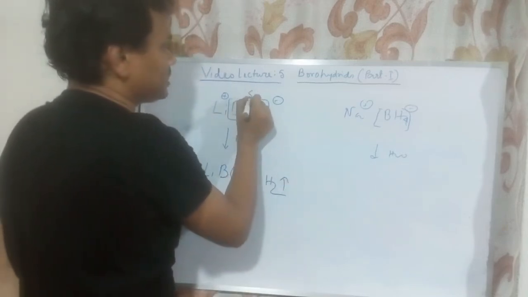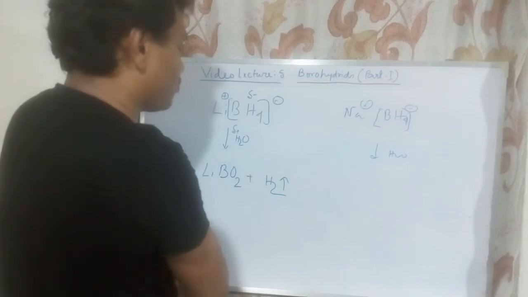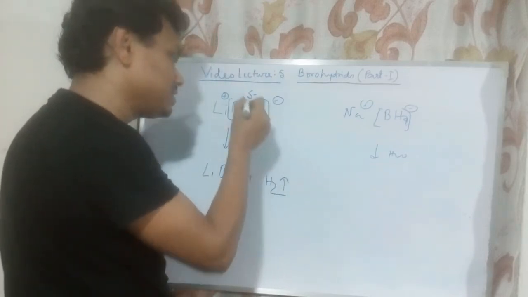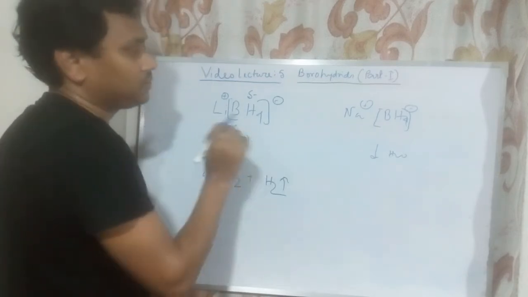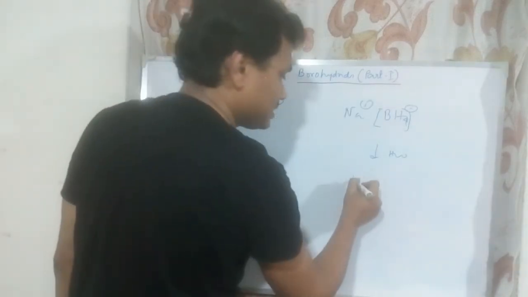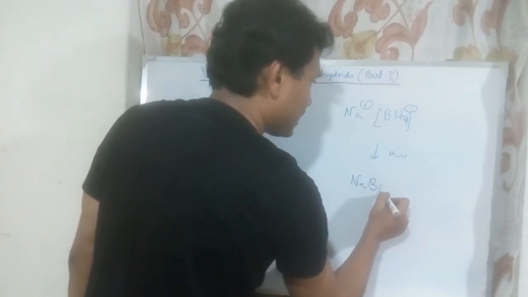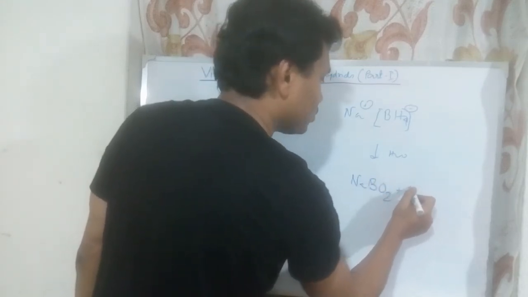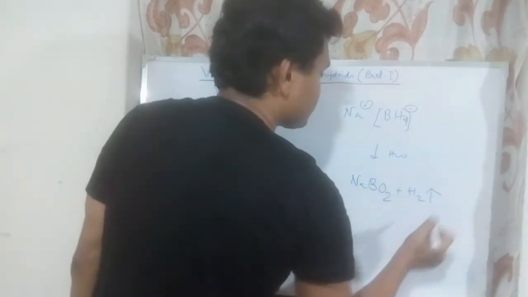Why? This hydrogen is delta negative, this hydrogen is delta positive, so they combine with each other to form hydrogen gas, and I have explained this process in my previous video. Similar is here also.